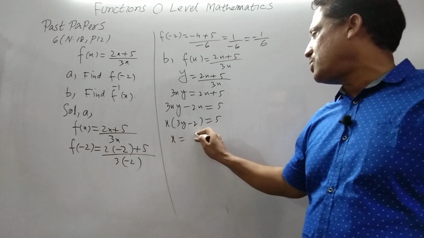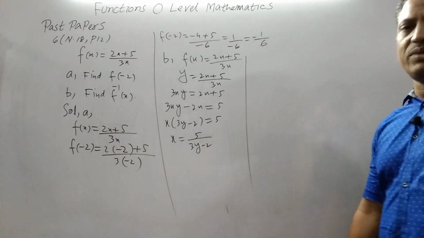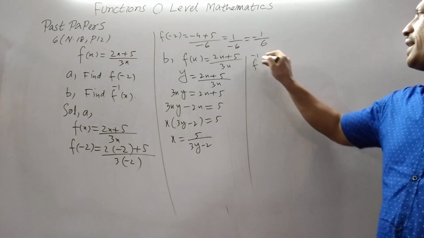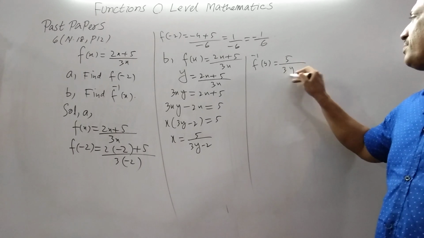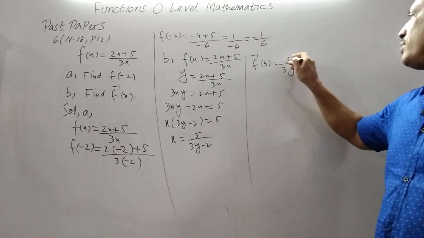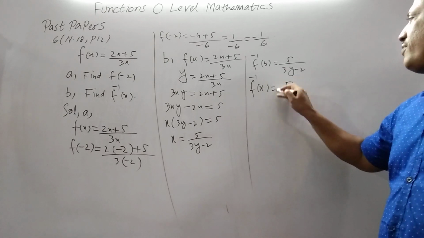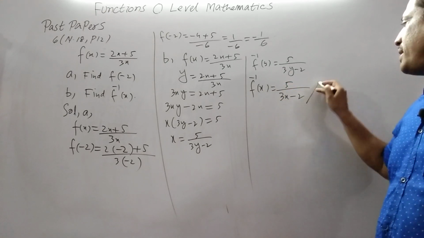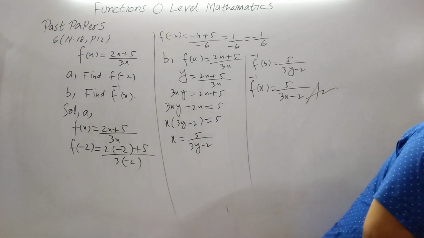Then x is equal to 5 over 3y minus 2. x becomes the subject of the formula. Replace x by f inverse y, which is 5 upon 3y minus 2. And finally replace y by x: 5 upon 3x minus 2. This is the answer.